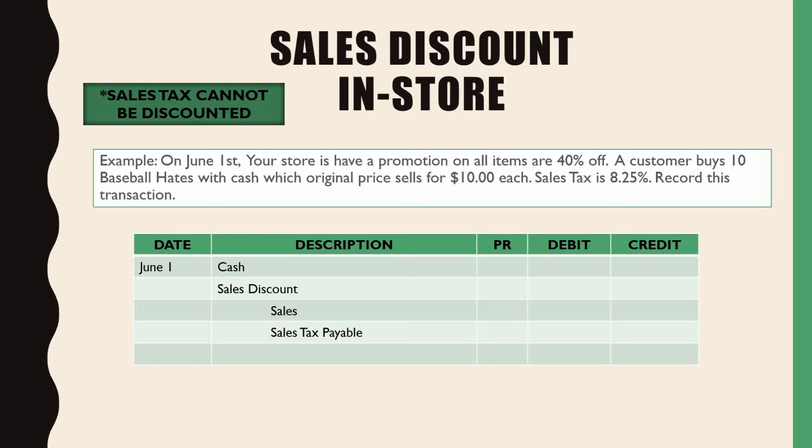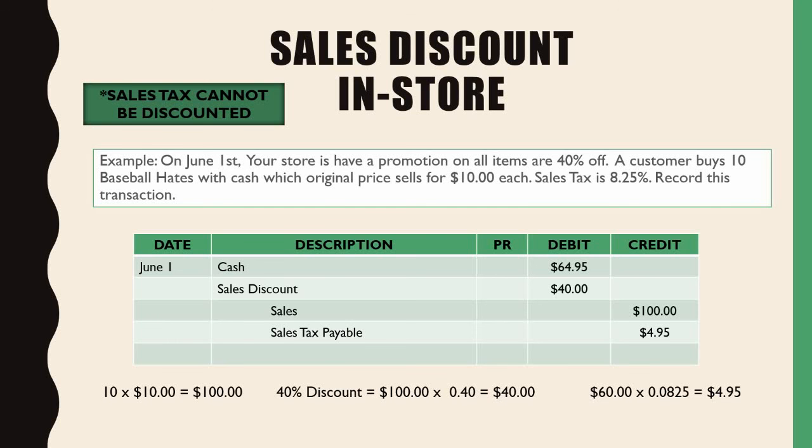So let's figure these numbers out. If I sold 10 baseball hats and the original price was $10 each, that is $100. That's your original selling price, and that's your original sales.